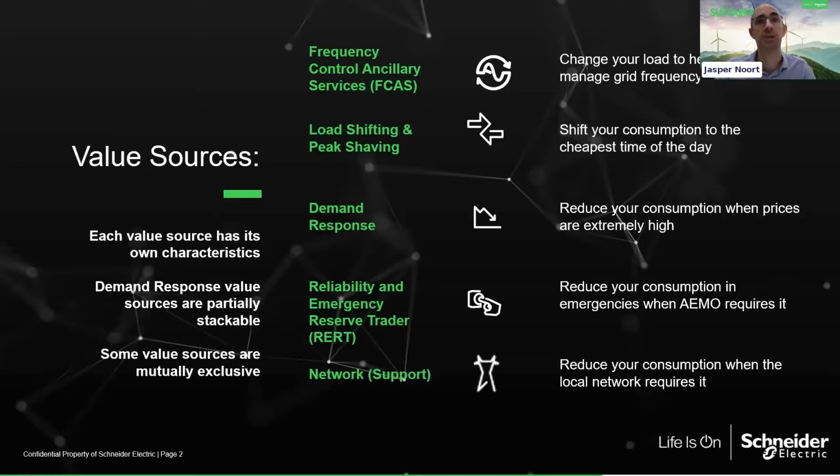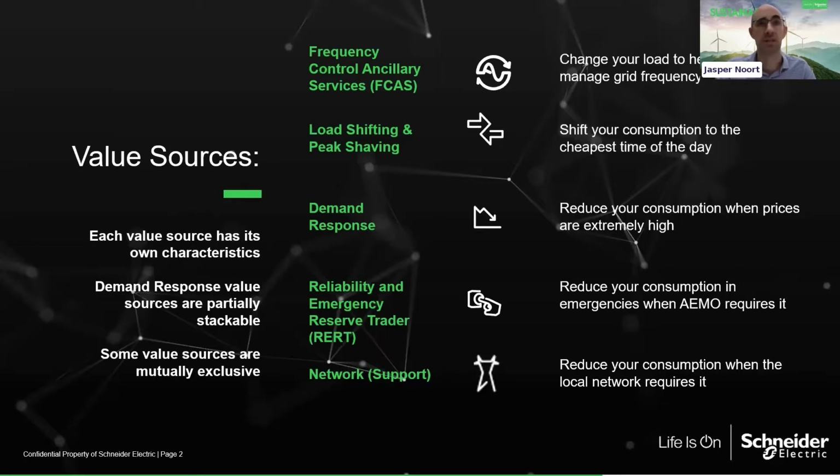The reliability and emergency reserve trader is a program run by EMO, where they basically get people to bid in the price they need to reduce their consumption, which can actually be higher than the maximum price on the spot market. And basically then they tell you when to turn off, which can be a lot more manual than some of the other ways.